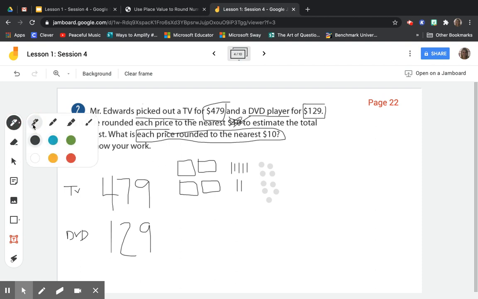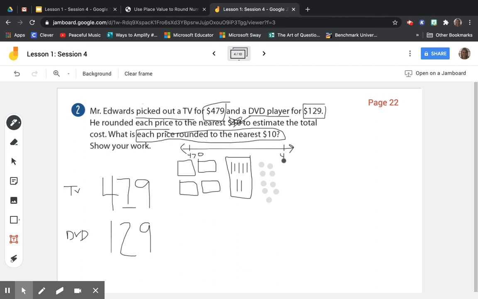So if I'm rounding this to the tens, I'm going to look at my tens place. Here we go. 7 tens. Now, is 70 more than halfway? So if I look at my number, 470 and 480, because I'm rounding to the tens. So I'm looking at my 10 neighbors.